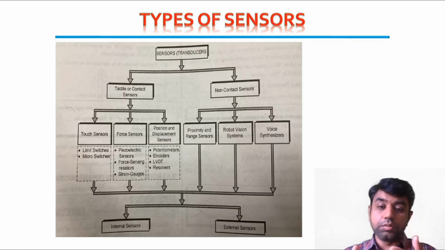Normally the proximity sensors and the robot vision system which is fitted with cameras are identified as non-contact type sensors. Even the voice synthesizers, which we use in the case of Google search also, right? Just we start the voice search, and as per your voice command it will search the data. That is the function of the voice synthesizers, right?